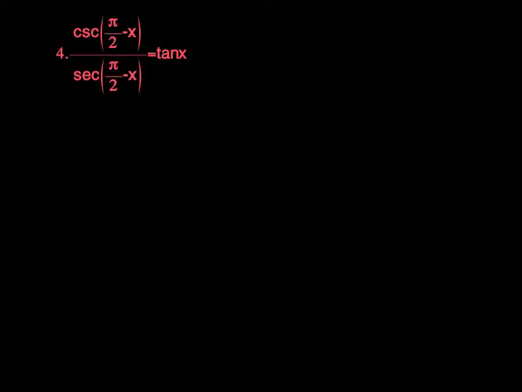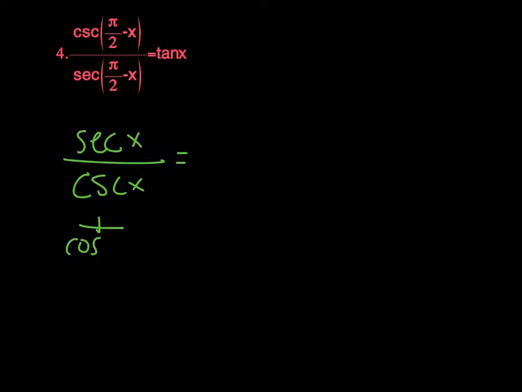Okay. We have cosecant of pi over 2 minus x divided by secant of pi over 2 minus x equals tangent. So cosecant of pi over 2 minus x is equal to secant of x. Secant of pi over 2 minus x is equal to cosecant of x. Secant is equal to 1 over cosine. Cosecant is 1 over sine.